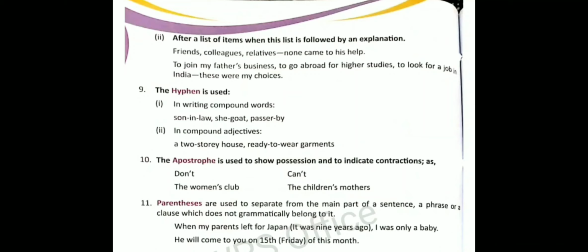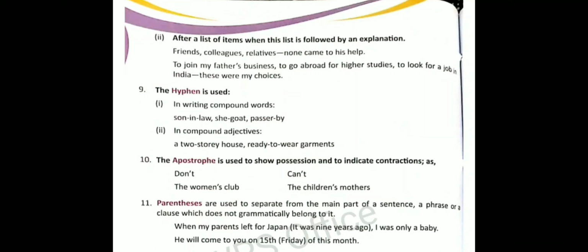Now the next one is the apostrophe. The apostrophe is used to show possession and to indicate contractions. Okay. What does this apostrophe do? It is used to show that some letters have been omitted. Okay. And to show possession.